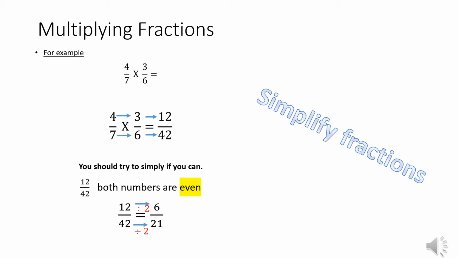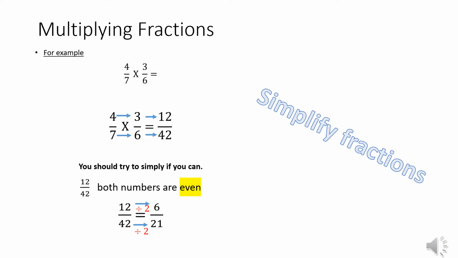And we both know that 2, because they're both even, that 2 goes into 12 and 2 goes into 42 as well. So we do 12 divided by 2, which is 6, and we do 42 divided by 2, which is 21. And that's how you simplify it.